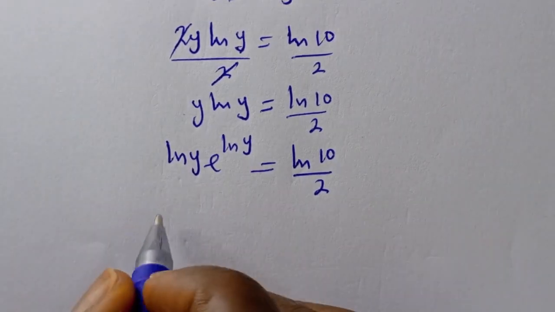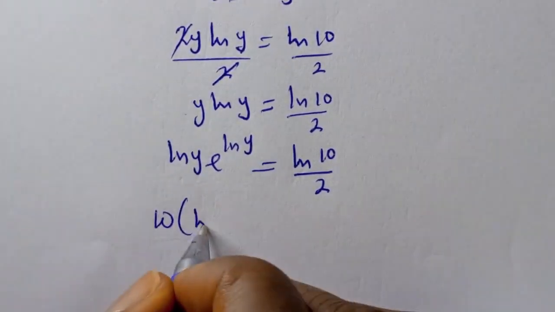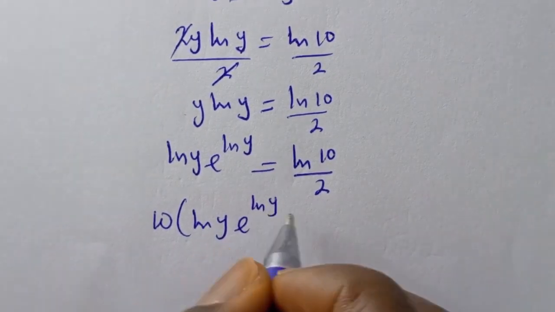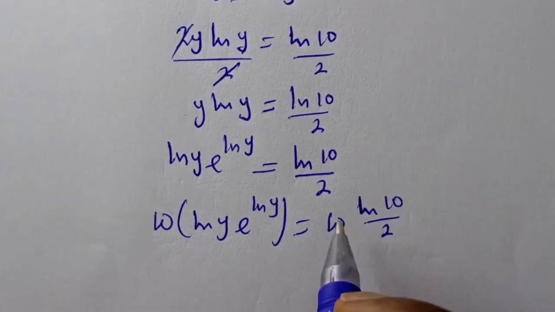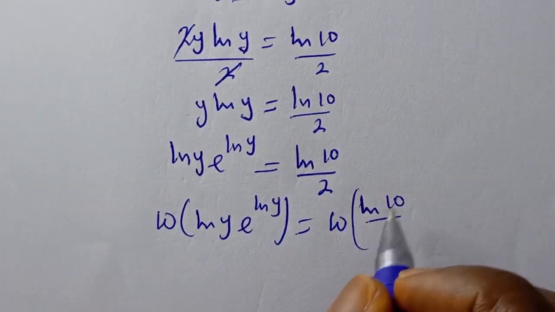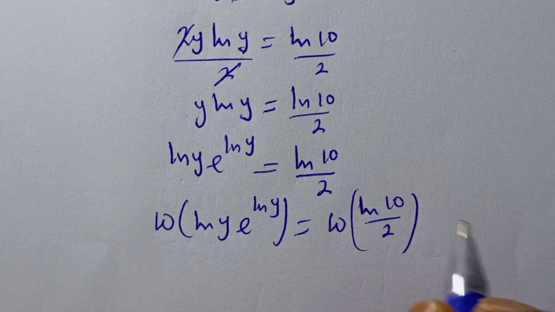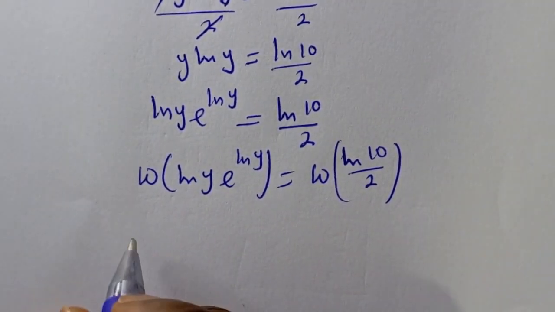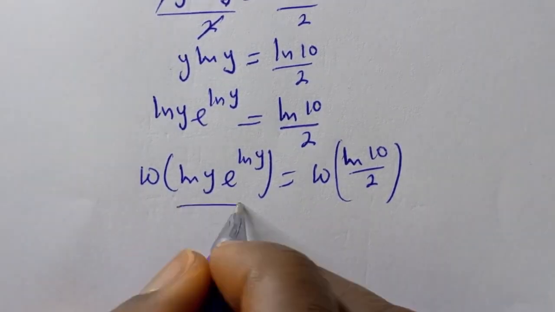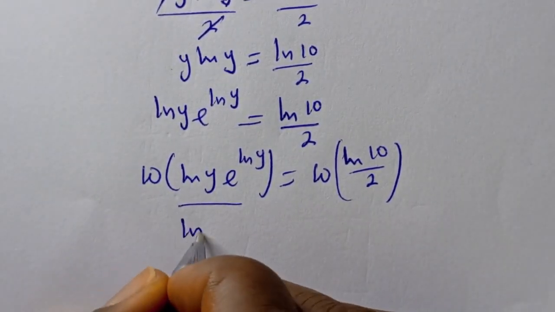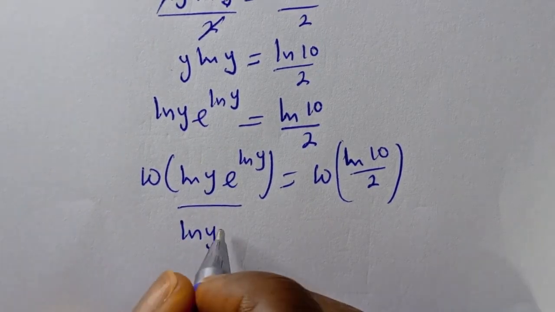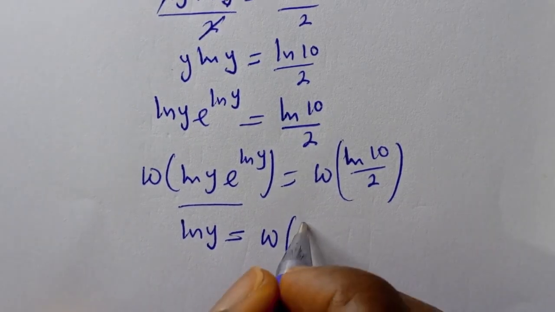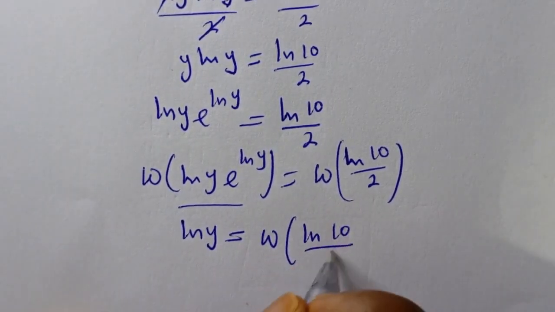We introduce W, we have W, then ln of y e raised to power ln of y is equal to W bracket ln of 10 over 2. Then the whole of this is ln of y, which is equal to W bracket ln of 10 over 2.